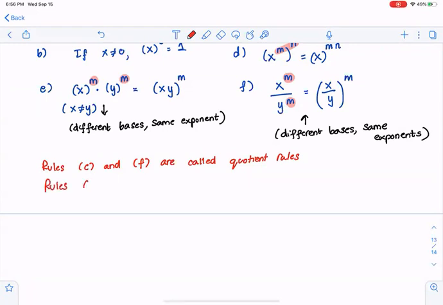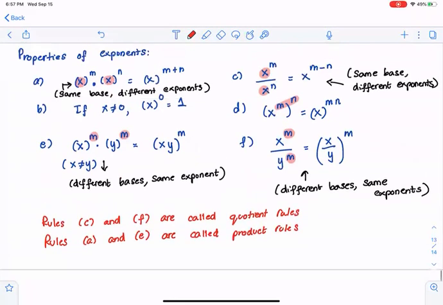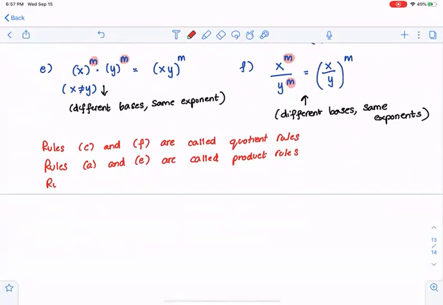Rules A and E are called product rules. Rule D is called the power rule.